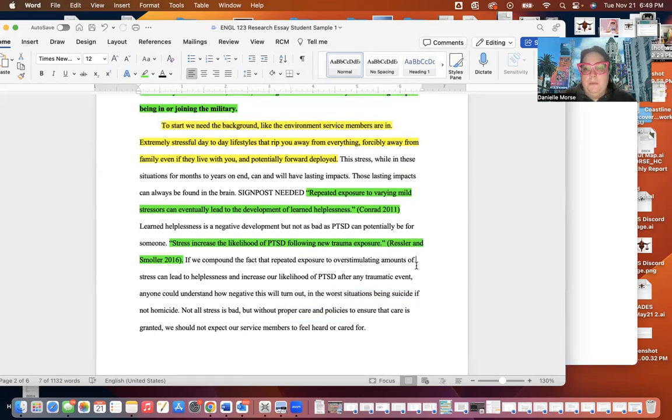I don't know what the purpose of this paragraph is, but it is introducing, at bare minimum, some interesting ideas that have room, and there could have been some really good work here by including this idea of learned helplessness, which is different from helplessness but isn't defined here, and PTSD, and how that's connected to proper care and policies and suicide.